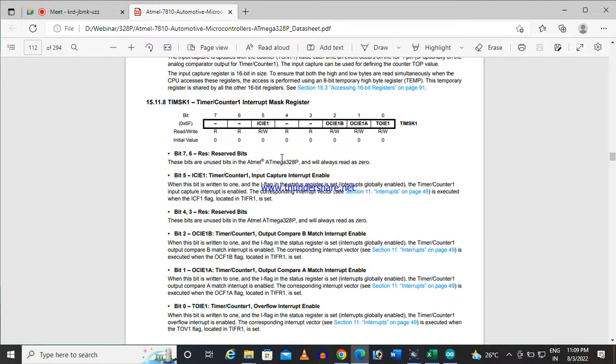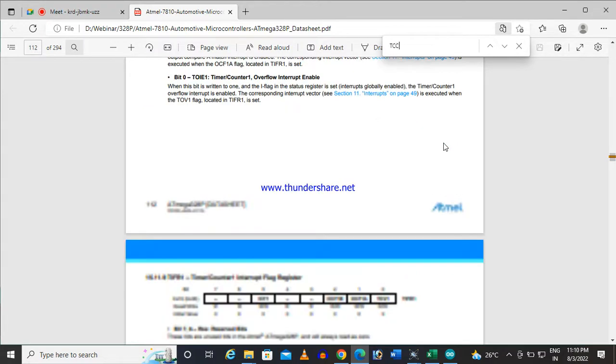For the waveform generation mode, we have to find the timer counter control registers A and B. TCCR1A, let us find it. My PC is very slow.